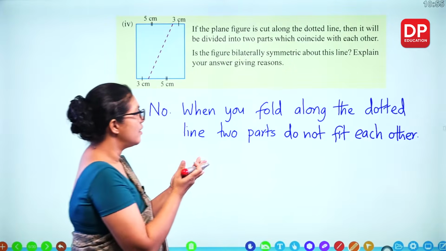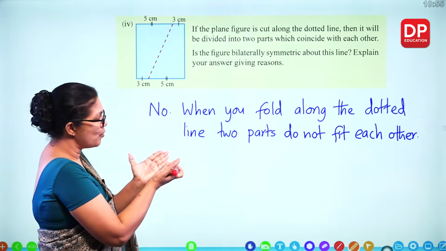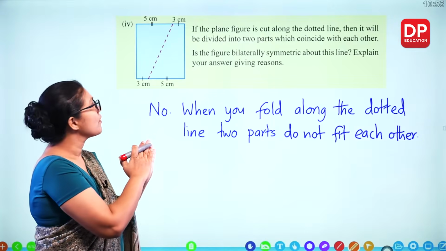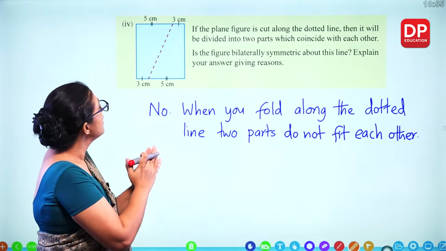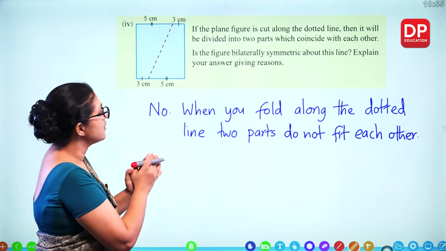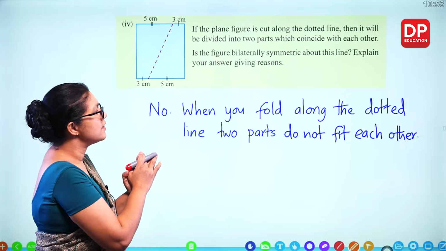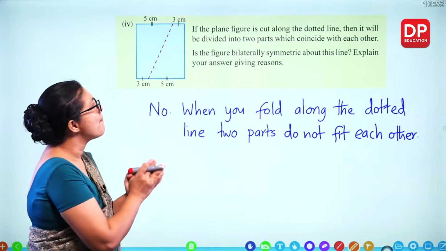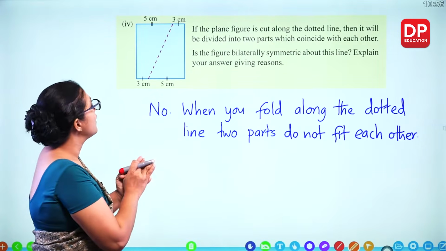That's called not bilaterally symmetry. If you get the same shape when you fold it, it's bilaterally symmetric. When you fold along the dotted line, 2 parts do not fit each other. So that's not bilaterally symmetric figure.